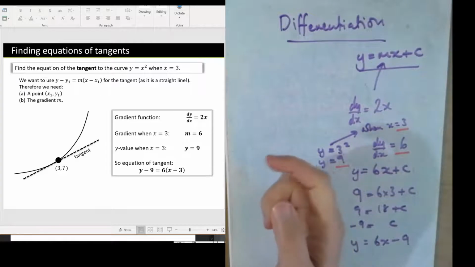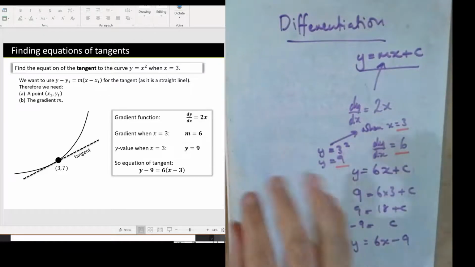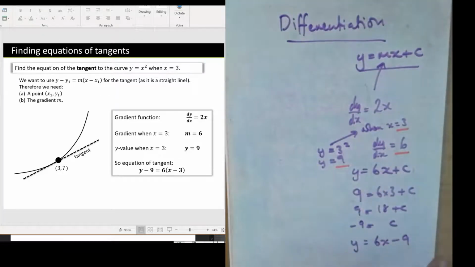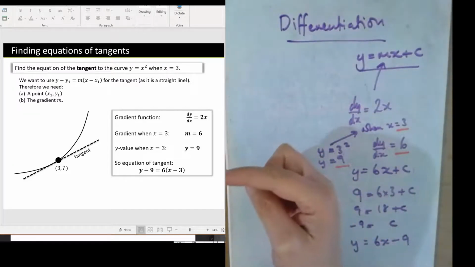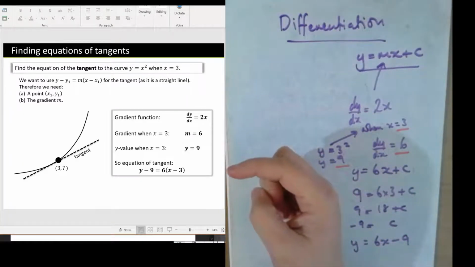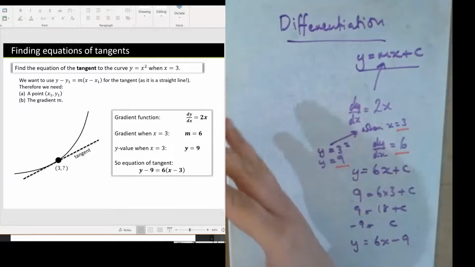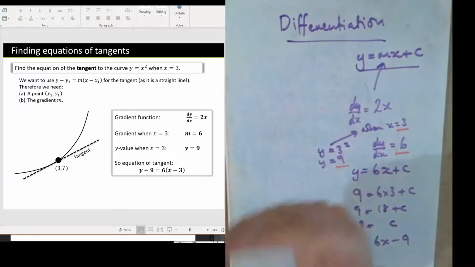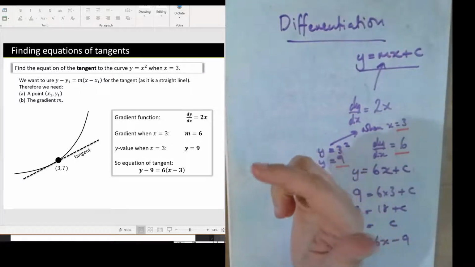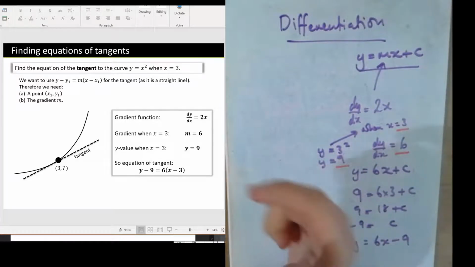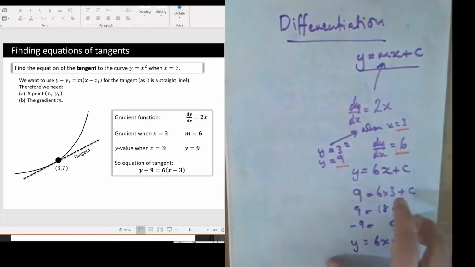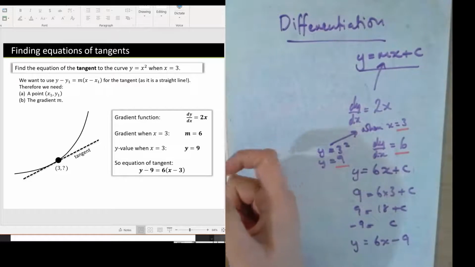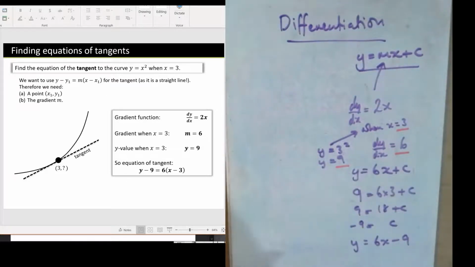The only difference is you would then get this equation. If you simplify it out, it will become this, but that's still an equation, so it's actually valid. You can keep that as an equation. So you don't have to simplify it, and if you did have to find the line that was perpendicular, you would then just only change one thing there, whereas you would have to work out something else here. You only have to change one thing in there. So I'll show you in the next one.